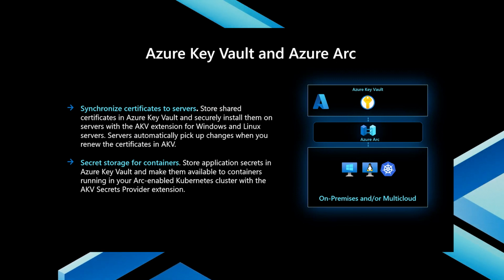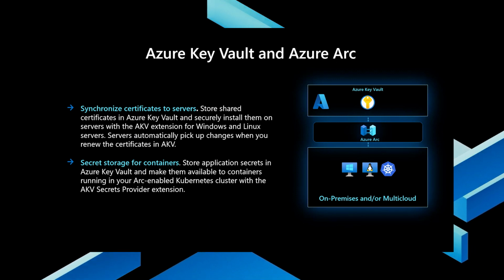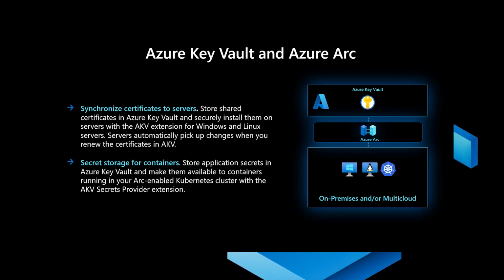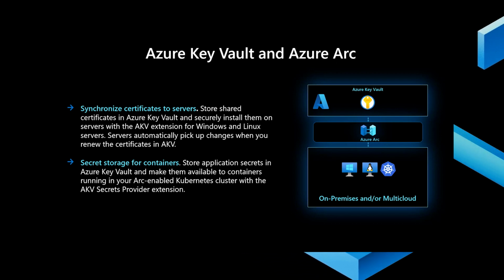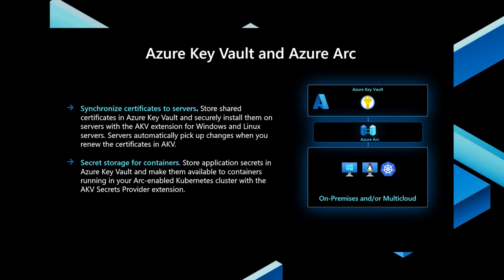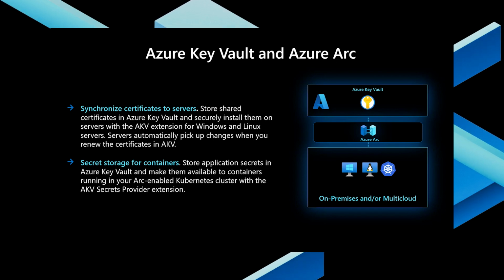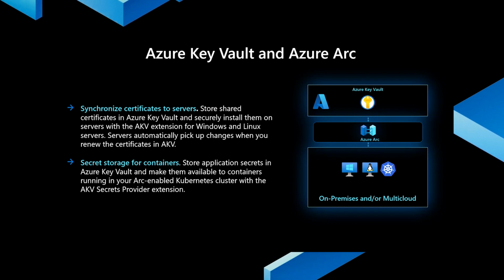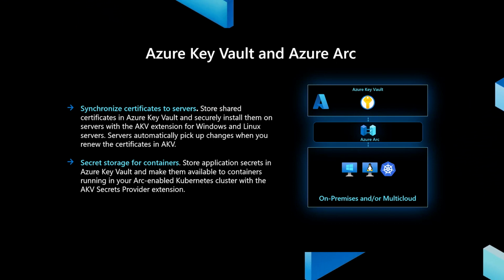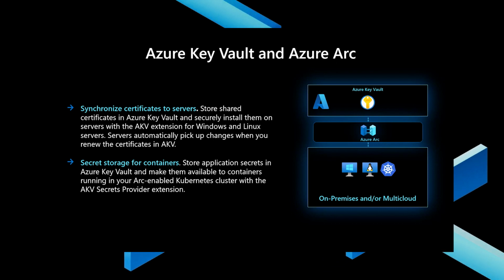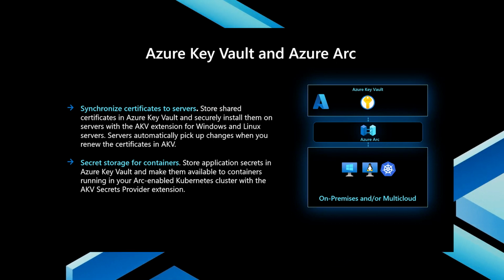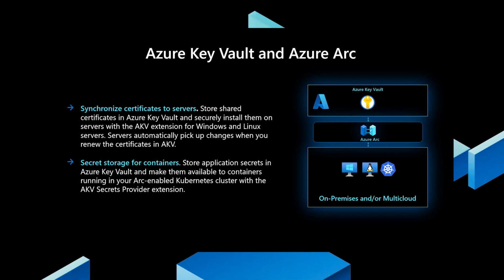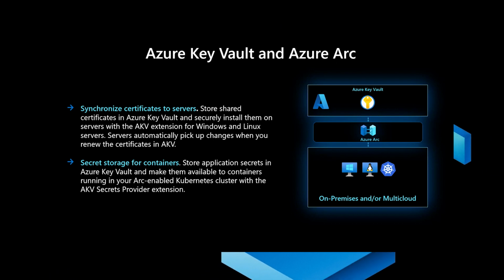So anyone dealing with application secrets knows the importance of making sure that they're regularly rotated and stored securely. With Azure Arc, because we have an extension manager that can go and push down agents to your servers and then securely connect them back to Azure with unique identities for every server or Kubernetes cluster, we can provide you a way to synchronize certificates to your Windows and Linux servers and offer secrets to your Kubernetes clusters so that you don't have to bake any of those into your applications and can very easily control and regularly rotate those certificates and the secrets right in Azure through Key Vault.